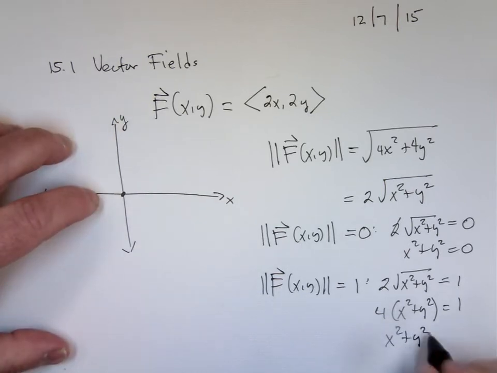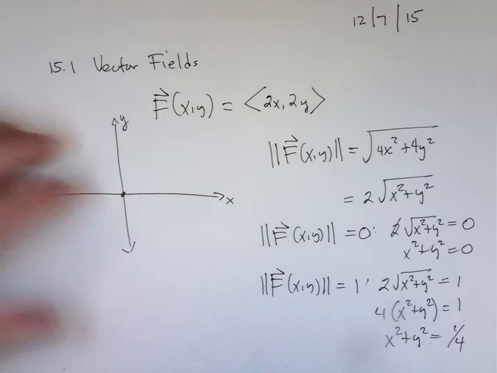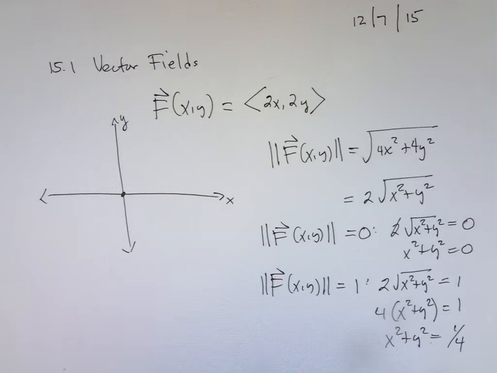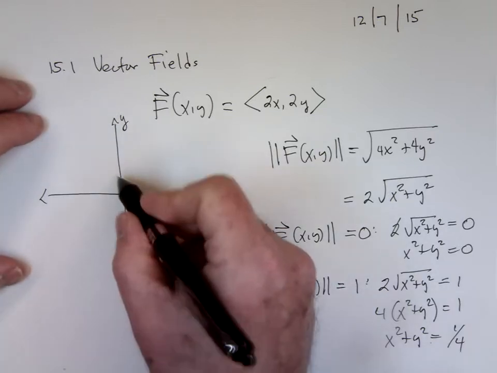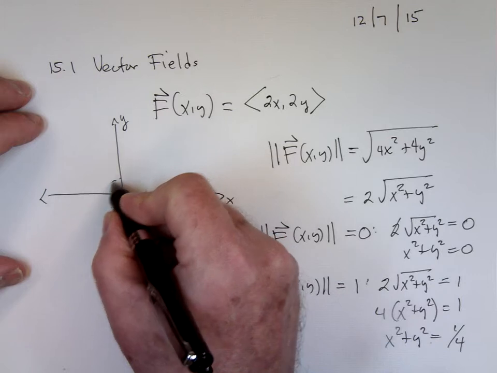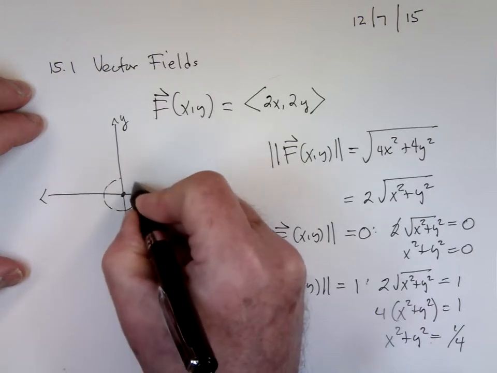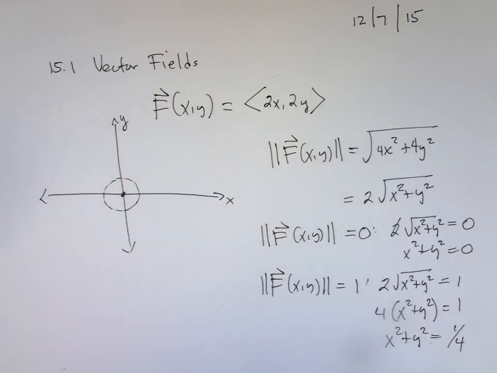So all the points in the plane where x squared plus y squared equals 1/4, at those points, this vector field has vectors of length 1. So what are we describing here? What's x squared plus y squared equals 1/4? It's a circle whose radius is 1/2. So all the points around this circle have a vector of length 1.